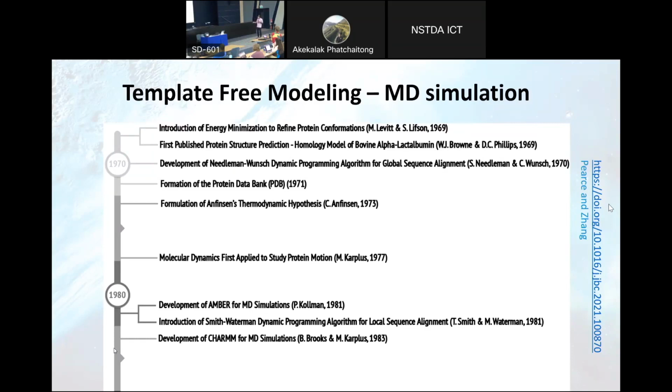But the first one who applied it to protein motion is Martin Karplus, 2010 Nobel Prize, 2012 Nobel Prize, I forgot the year. And he did not invent Amber, he did not invent Gromacs, he came up with CHARMM, the best one in the field. So anyway, that's the first one.